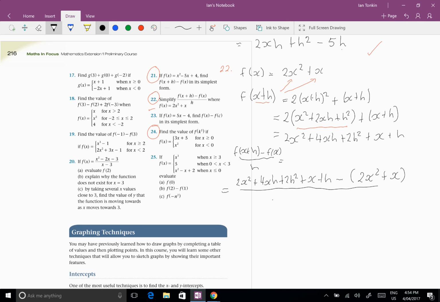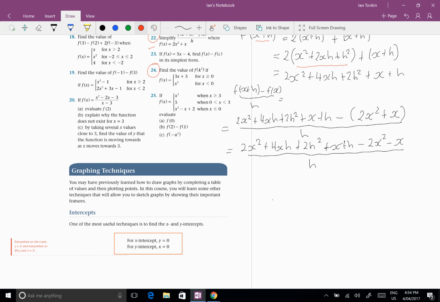And I've got it all over h. So now I'll expand that bracket or parentheses and I'll get minus 2x squared minus x, and it's all over h.